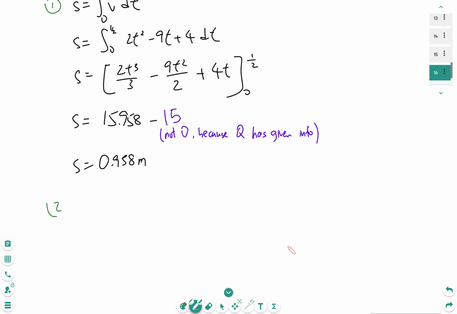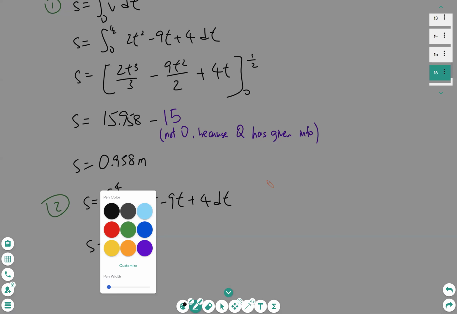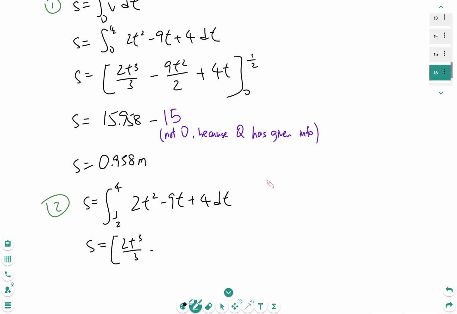Part 2, do the same thing. This time we find S as the integral from a half to 4 of 2t squared minus 9t plus 4 dt. So S equals 2t cubed over 3 minus 9t squared over 2 plus 4t, evaluated from a half to 4.